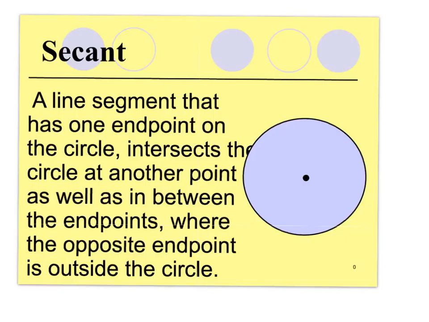Then we have something called the secant, and that's a line segment that has one endpoint on the circle, intersects the circle at another point, as well as in between the endpoints, where the opposite endpoint is outside the circle.